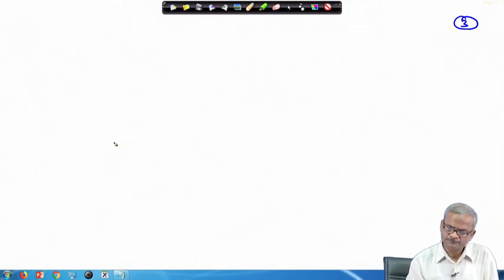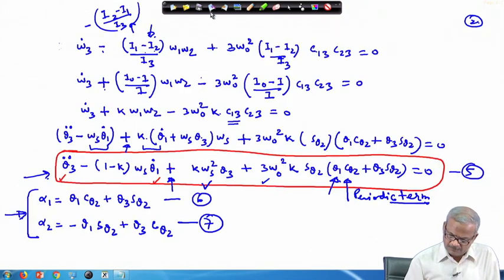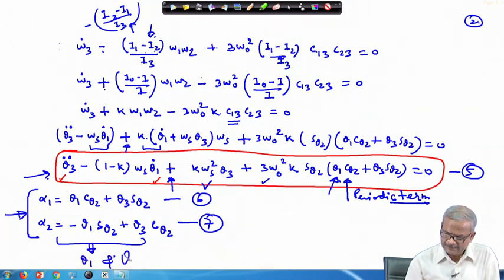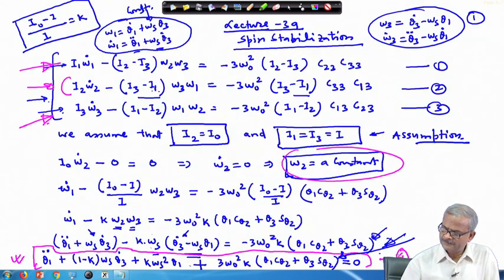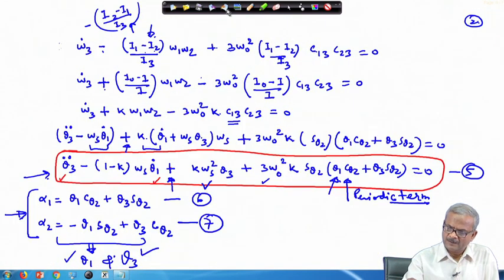Okay. Now, once we have assumed this, we can solve it in terms of theta 1 and theta 3. From here our objective first is to get theta 1 and theta 3. Once we get theta 1 and theta 3 in terms of alpha 1 and alpha 2, we will insert them in this equation and in the previous equation here in this place.